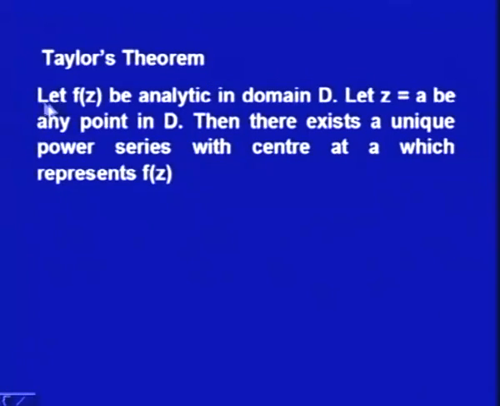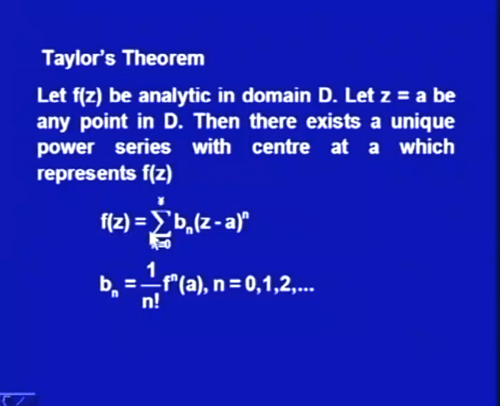According to this, let f(z) be analytic in domain D, let z equal to a be any point in D, then there exists a unique power series with center at a, which represents f(z). So, f(z) is represented as summation n equal to 0 to infinity b_n (z minus a) raised to power n, where the coefficients b_n are given by 1 upon factorial n multiplied by f^(n)(a), the nth derivative of f(z) evaluated at center z equal to a, and this is true for all values of n, 0, 1, 2 and so on.